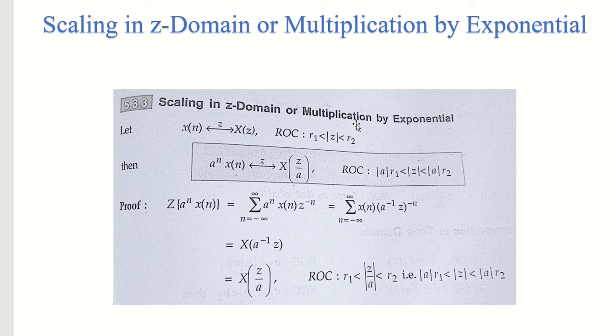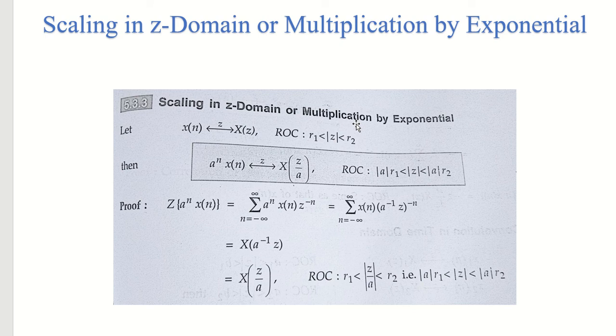And as I was multiplying that constant with some power with my discrete time signal, the ROC will also get multiplied by that point, right? So if my region of convergence for the Z transform was between R1 and R2, this time it will be between a into R1 and a into R2.